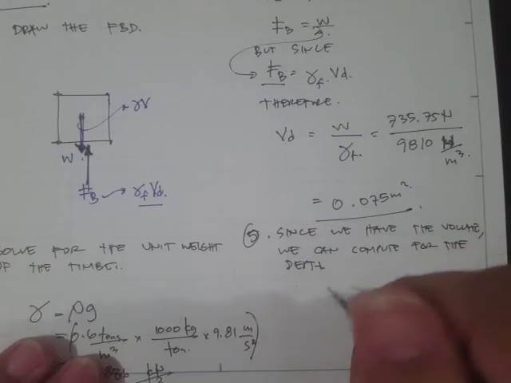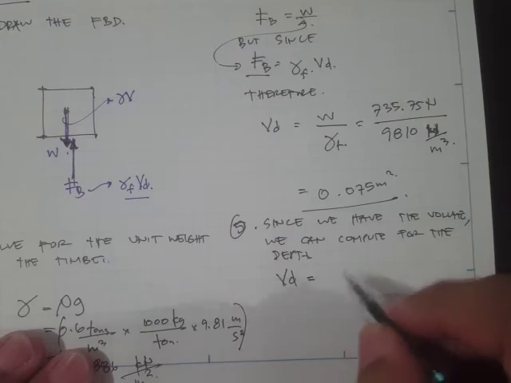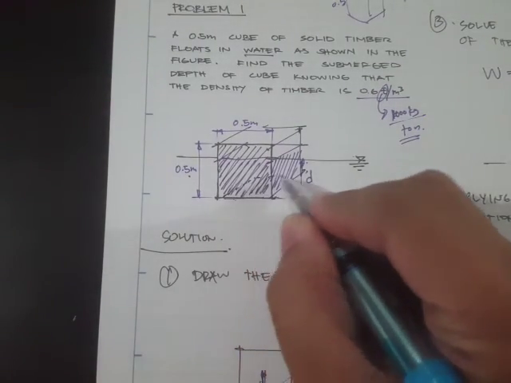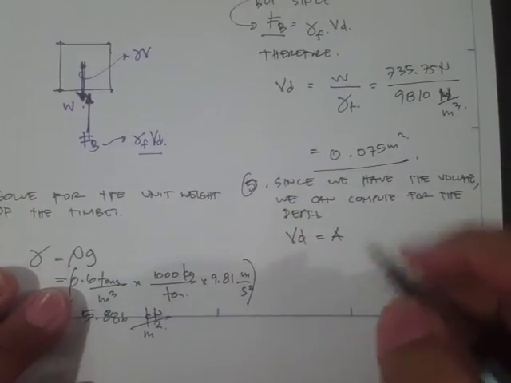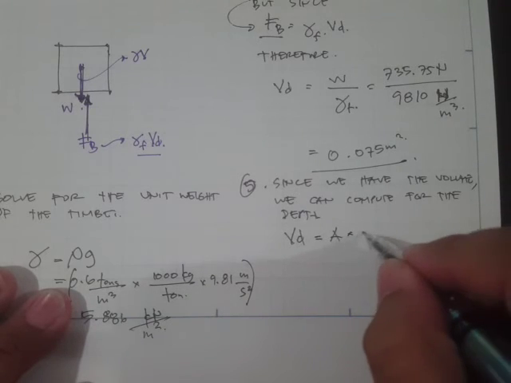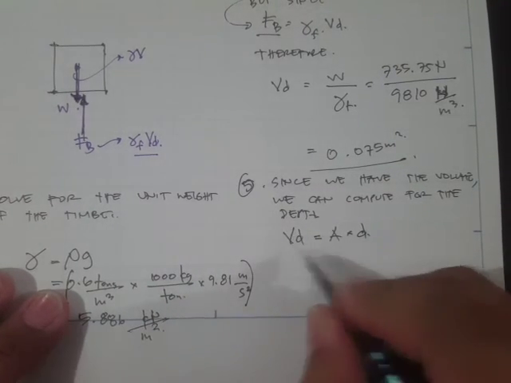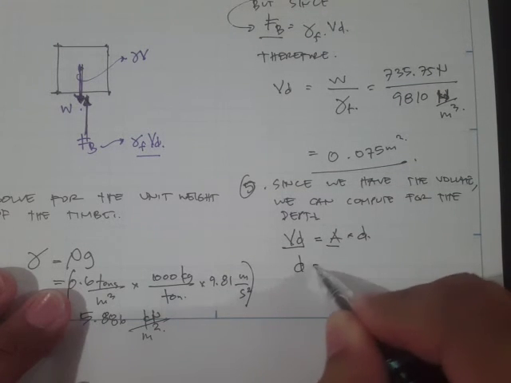So V sub D is just equal to the area underneath, that's the area, times the depth. Since we have the value for our area, we can solve for the depth.